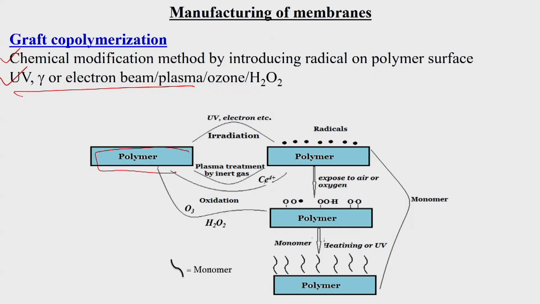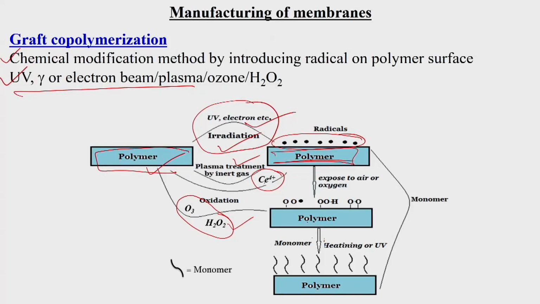Suppose the polymer is there and we will use it for a particular application, then we can do UV or electron beam irradiation, and plasma also, and maybe selenium is also used. Then radicals are generated on the polymer surface, and using ozone or hydrogen peroxide, these radicals are grafted with different functional groups. Finally a graft copolymerized membrane will be formed, which will be used for a particular application.